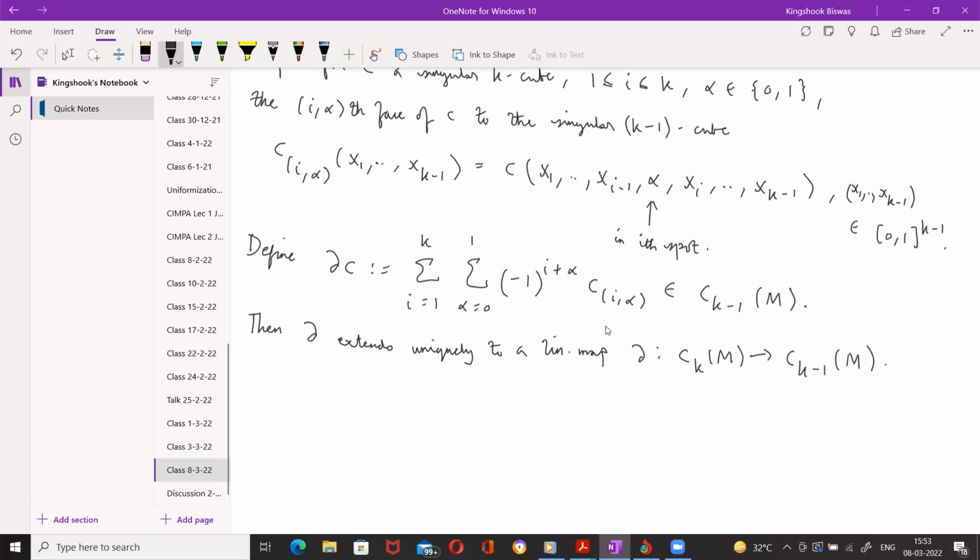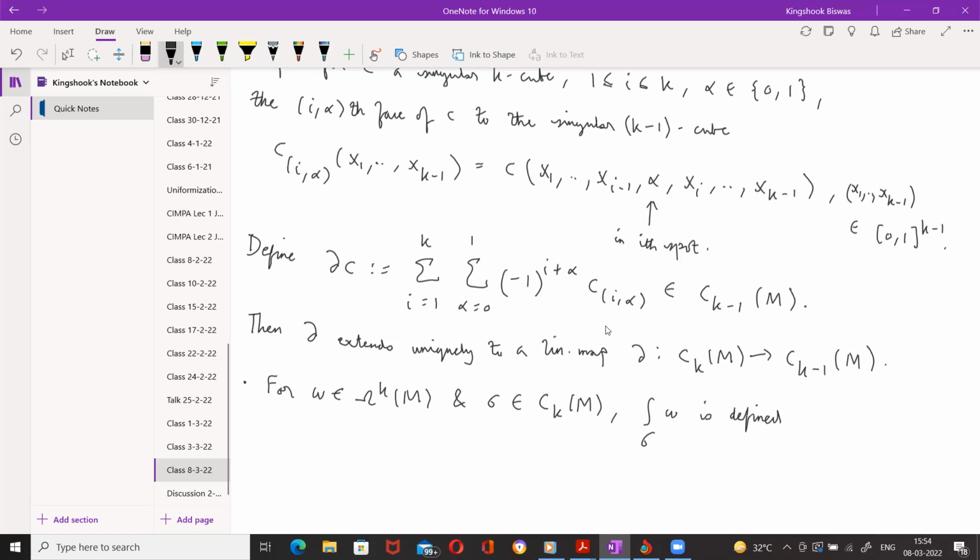Also note, for omega a smooth k form and sigma a k chain, the integral of omega over sigma is defined by linearity. Again, the integral of omega is defined over the k cubes, which are the basis of the space of k chains.